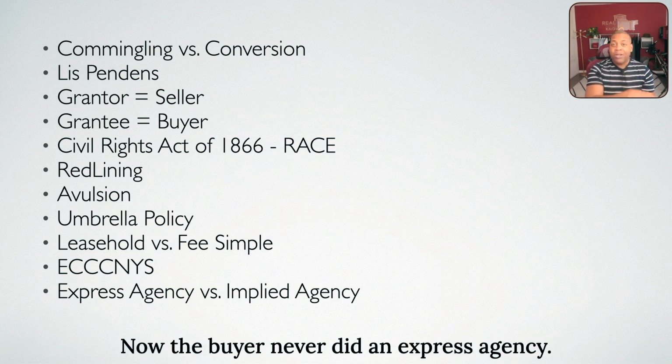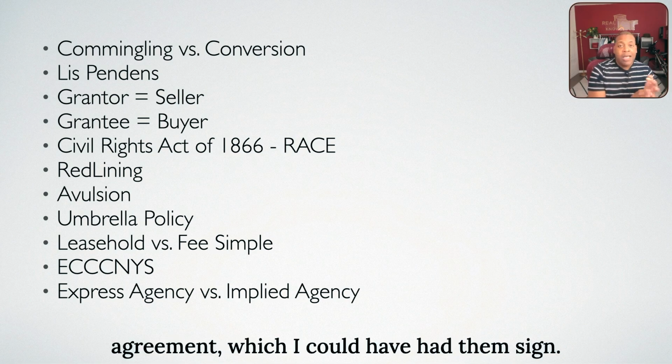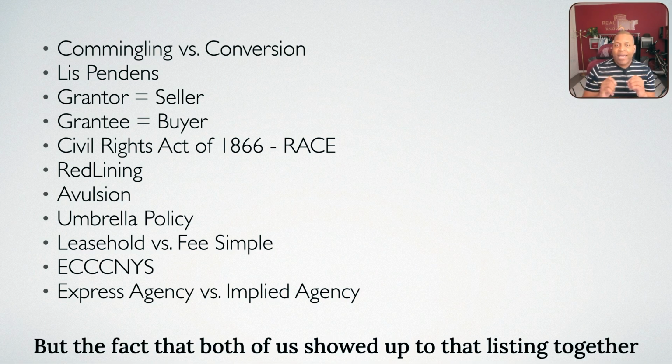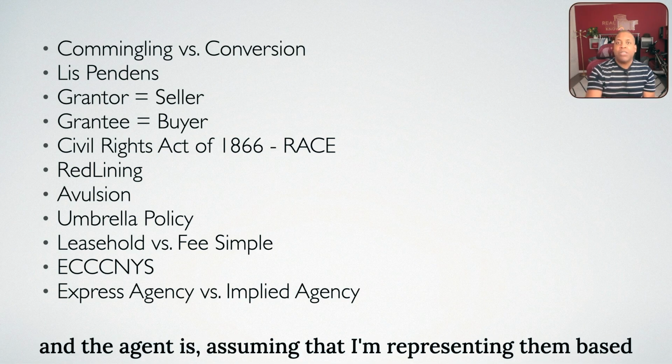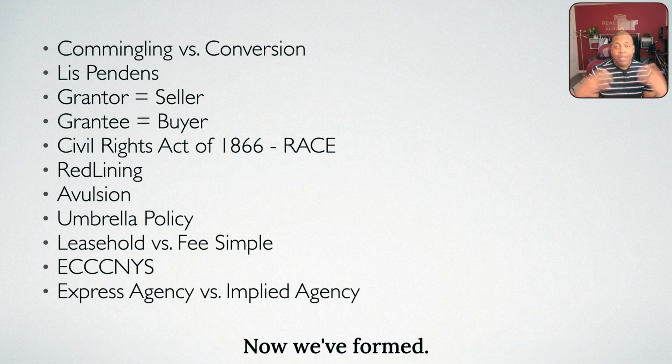Now, the buyer never did an express agency. They never signed an exclusive buyer agreement, which I could have had them sign. And they never said, you're my agent. But the fact that both of us showed up to that listing together and the agent is assuming that I'm representing them, based off the actions of the client going with me to the showing, now we formed an implied agency, okay?